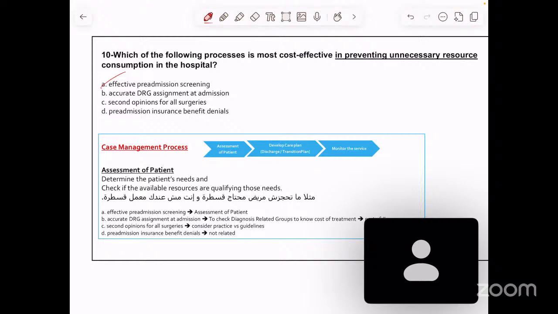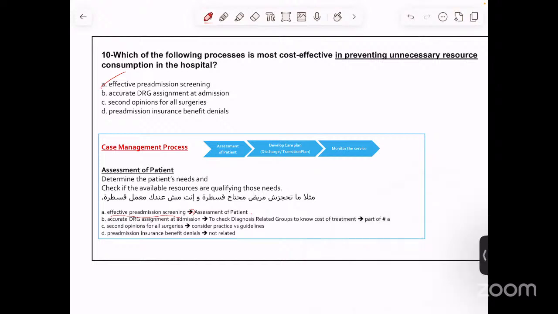Okay, as you can see here, effective pre-admission screening is the proper assessment of the patient. For letter B, this is wrong because checking the diagnosis-related group is to know the cause of the treatment, which is part of the admission.